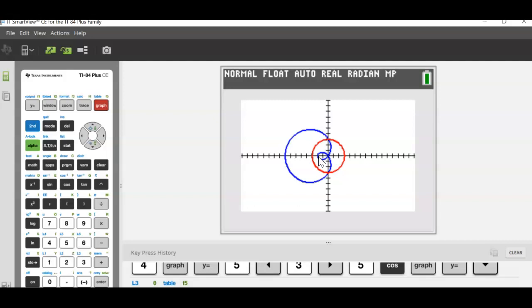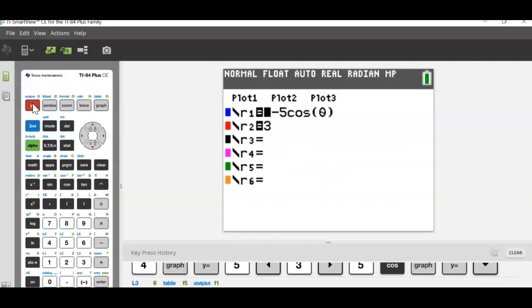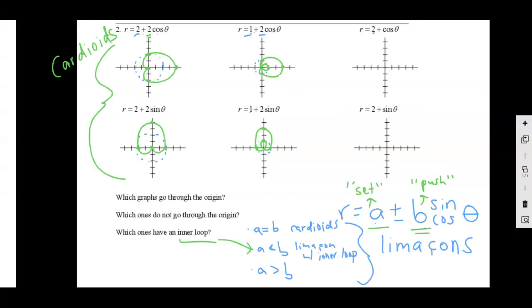But since I set it out 3 and pushed it inwards 5, since I pushed it more than I set it, it goes through the pole and you create that little inner loop. So that's the second category of limaçons: if the number is less than the coefficient, if I set it out a little and then push it back a lot, you end up creating that little inner loop.